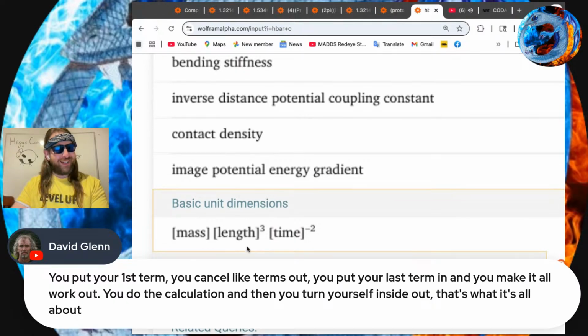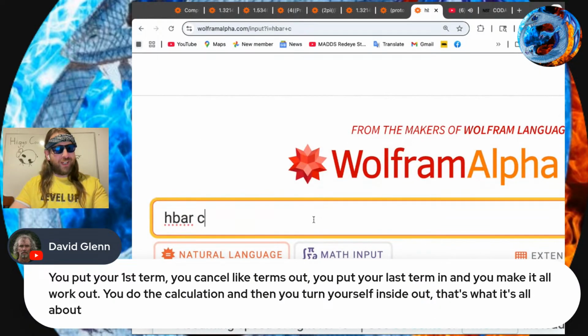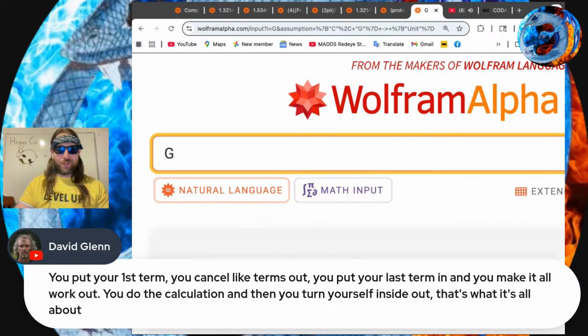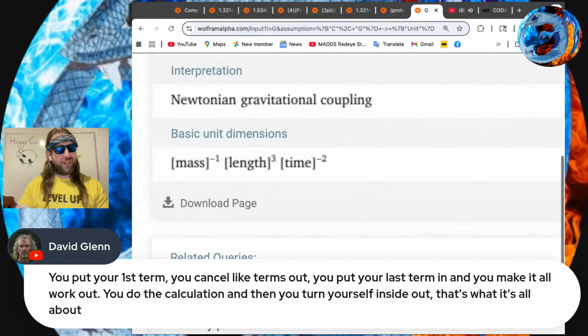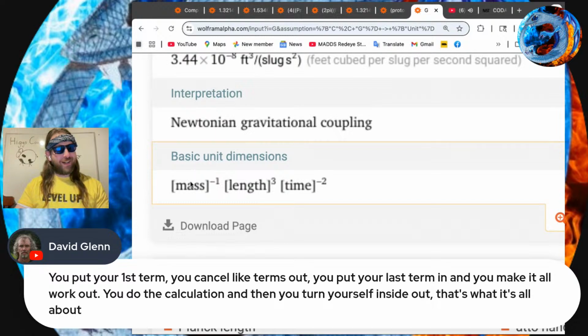I got a volume over here, and we're divided by time squared. If we look at something different, like big G, the unit for the Newtonian gravitational constant, we got a mass in the denominator. We've got a volume in the numerator, and time. Literally, we moved mass downstairs.